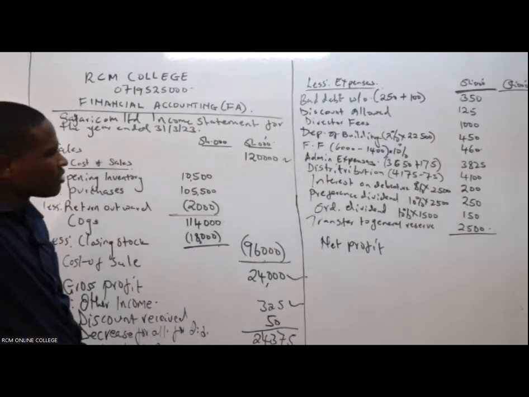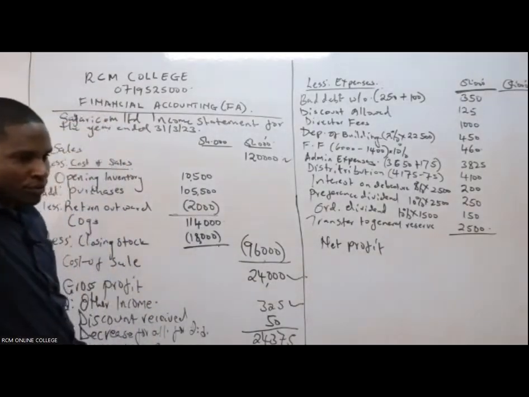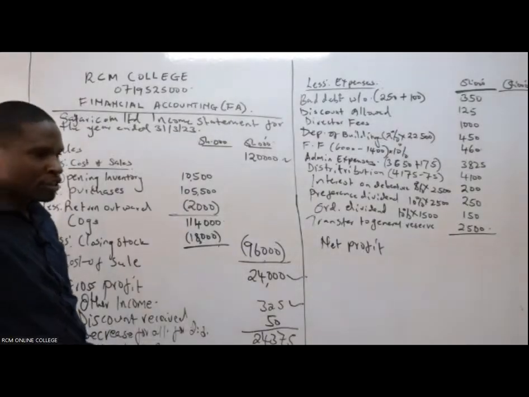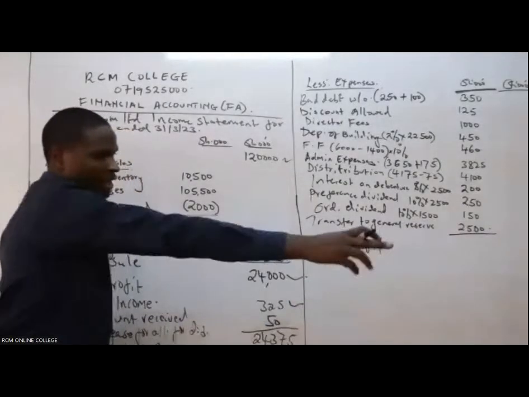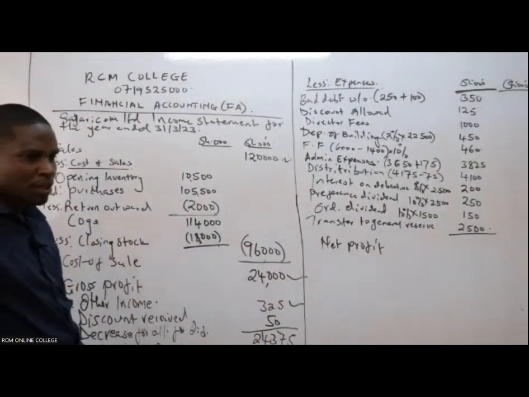Now I need several individuals to give me that, so that we are able to. Okay, Sharon, you can proceed and get our net profit. Take 24,375 minus that. You get our net profit, so that we are on the same page.